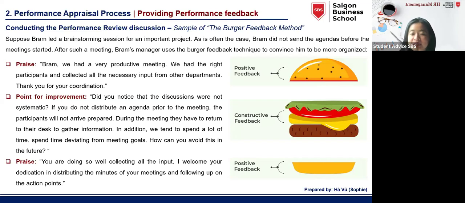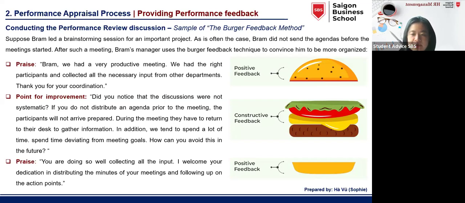The second step, deliver constructive criticism. After the initial positive remark, the manager can provide constructive feedback, focusing on actions or behaviors that need improvement rather than making personal criticism, ensuring that the feedback is clear, concise, and actionable.